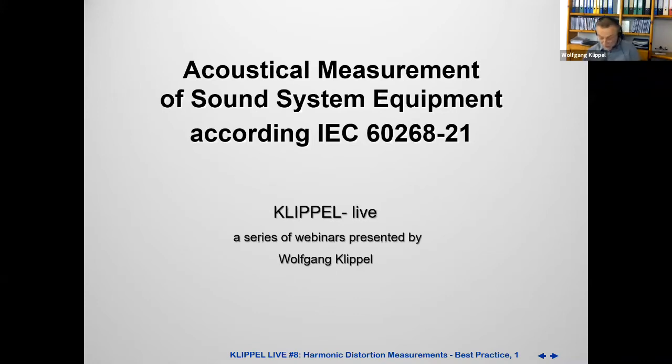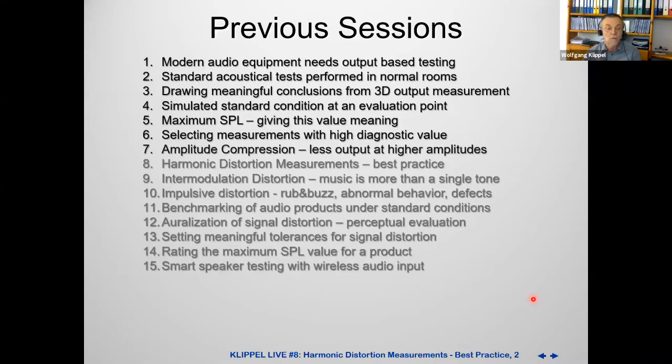Before I start, as usual, I do a first overview of the previous session. In the first 5 sessions, we spoke about how to generate more or less standard conditioning here in my office. Now we are in the second session, numbers 6 to 10, where we are speaking about distortion measurements.